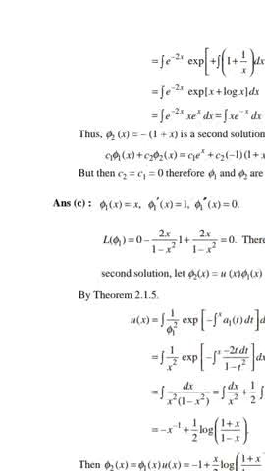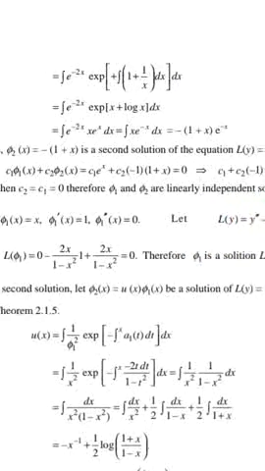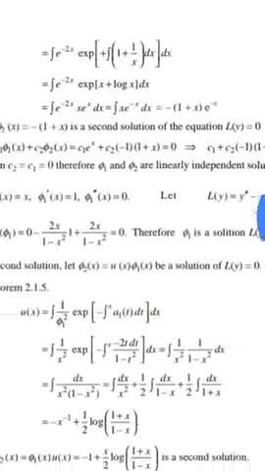Therefore, phi 2 of x equal to minus (1 plus x) is the second solution of the equation L of y is equal to 0.